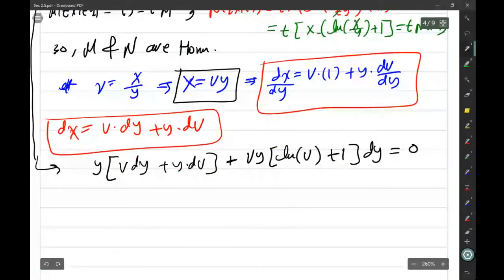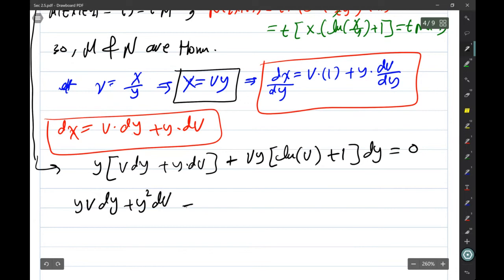Now I have to solve it as a separable differential equation. You will see that here it becomes yv dy plus y squared dv plus vy ln v dy plus vy dy is equal to 0.